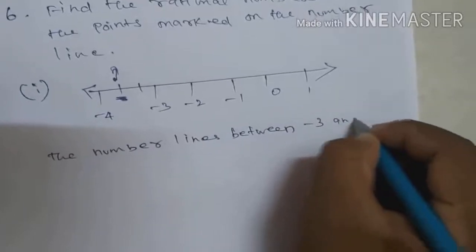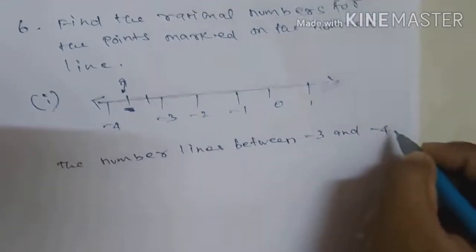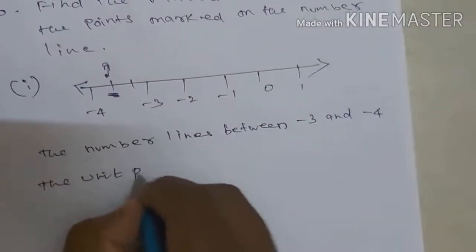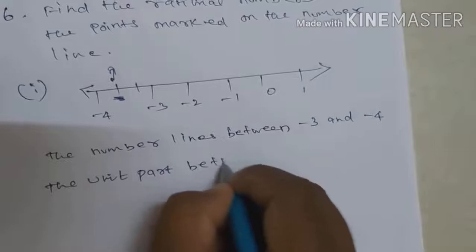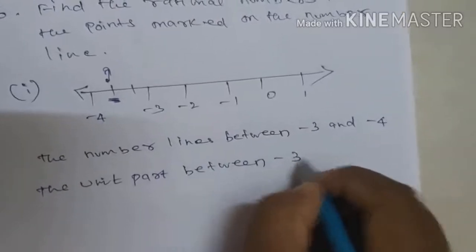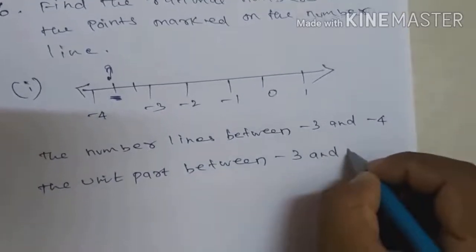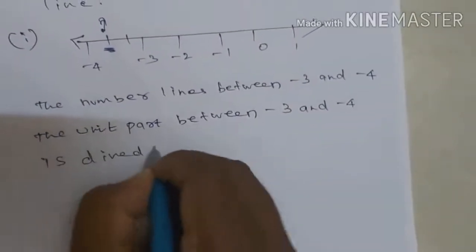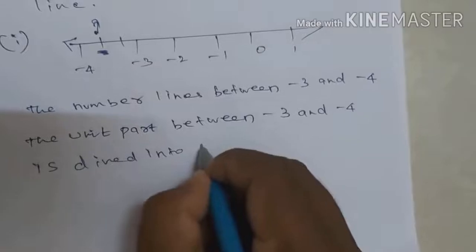The unit part between minus 3 and minus 4 is divided into 3 equal parts. The second part is asked.